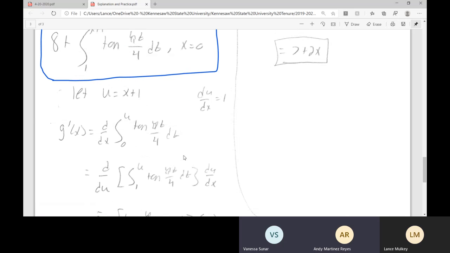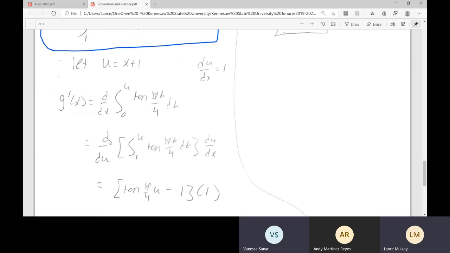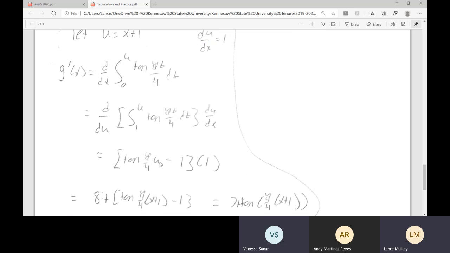So I let u equal x plus 1, so d/dx of this is u plus tangent of pi over 4 t. I saw this on a lot of problems, using the chain rule. It's supposed to be u minus 1.